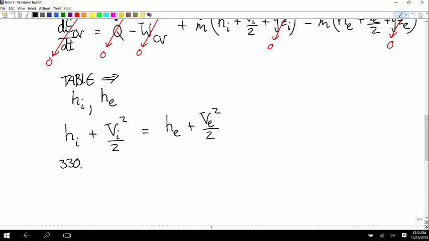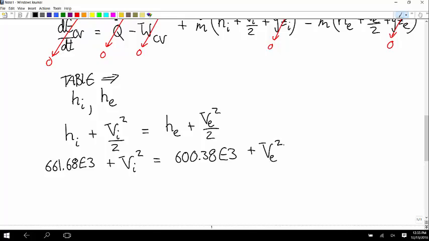Let's multiply all by 2, so we have 661.68 plus VI squared is equal to... And since we're using speeds, let's put this in SI units. 661.68 times 10 to the third plus VI squared is equal to 0.38 times 10 to the third plus VE squared.